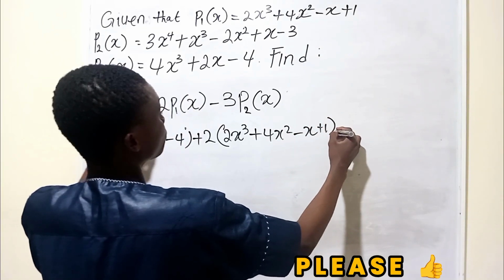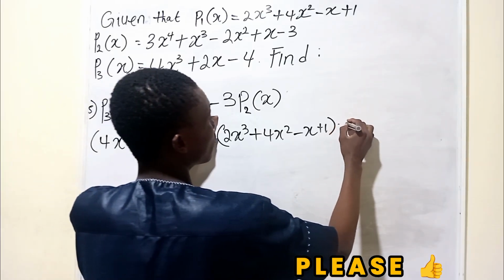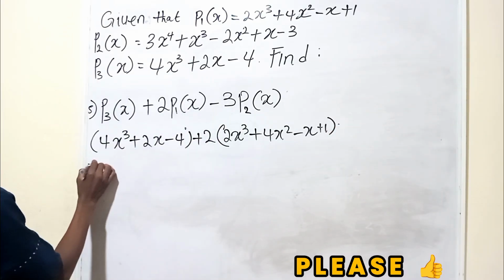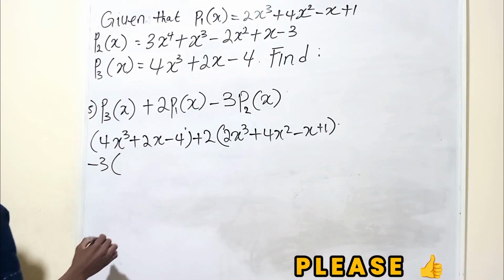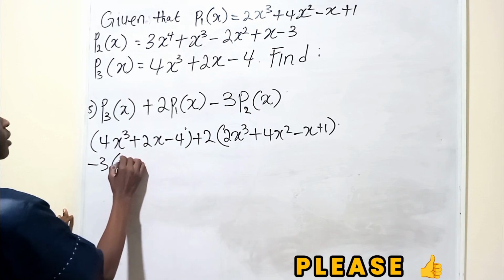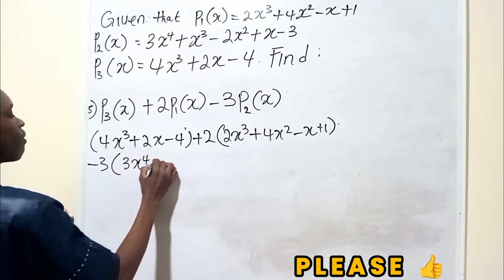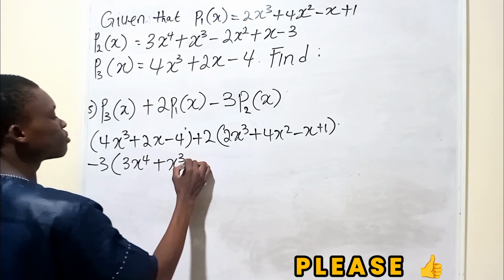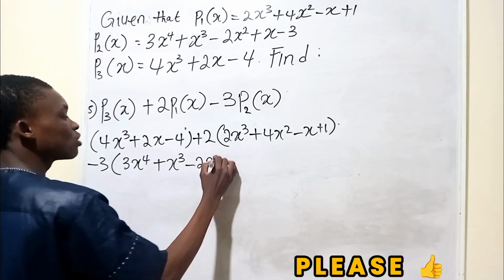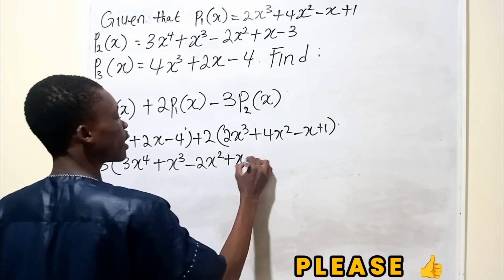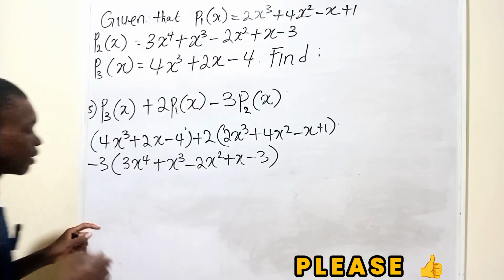Alright, the next one, negative 3. So our P2 is 3x to the power 4 plus x cubed minus 2x squared plus x minus 3.